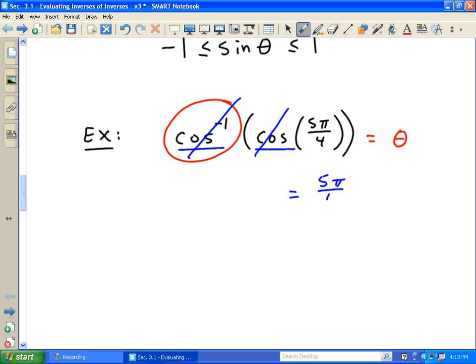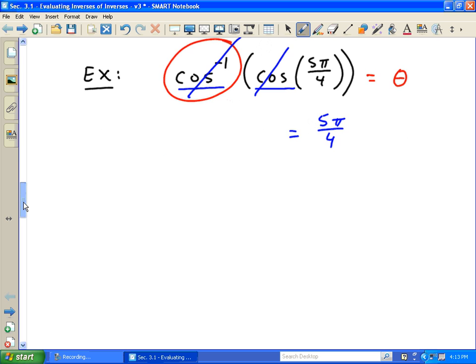Okay, on this particular one, we run into a problem when we think about the restrictions. For cosine inverse, we think about the restriction on theta as being anything in between 0 and pi.